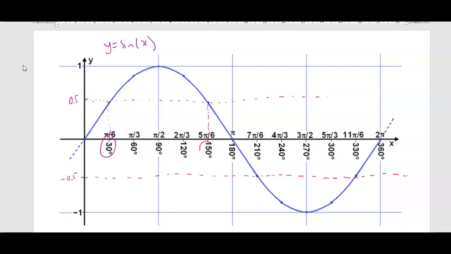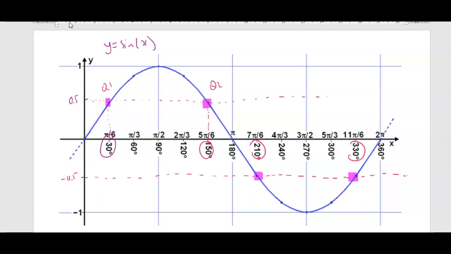We can see at, so we had 150, 210, and then 330. So here we've got the solution for quadrant 1, quadrant 2, quadrant 3, quadrant 4. So Q1, without doing the unit circle, I can see it's going to be 0.5. So sine of 30 is 0.5.